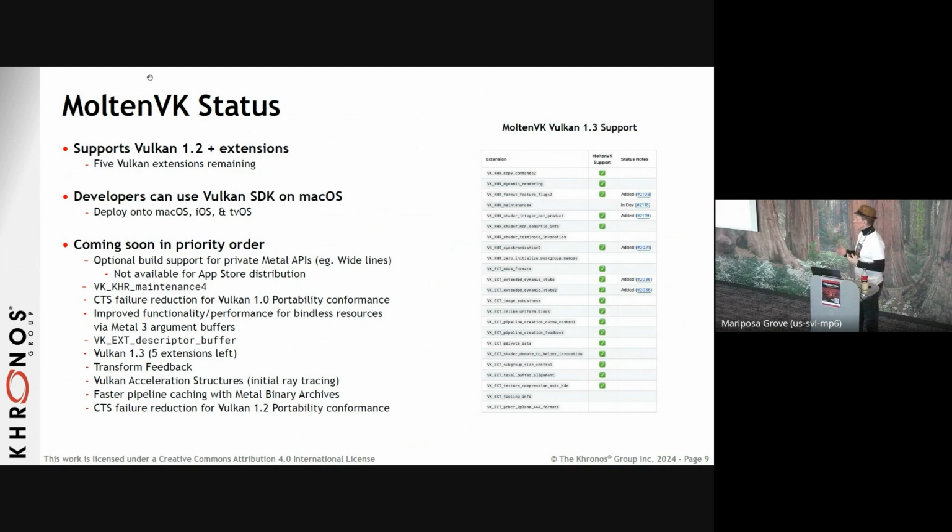So that was the first sort of test bed we did for that capability. So if you download MoltenVK, build it with a build setting switch turned on that says, hey, allow me to use the private APIs, you can actually mess around with Widelines, and there's a few others.